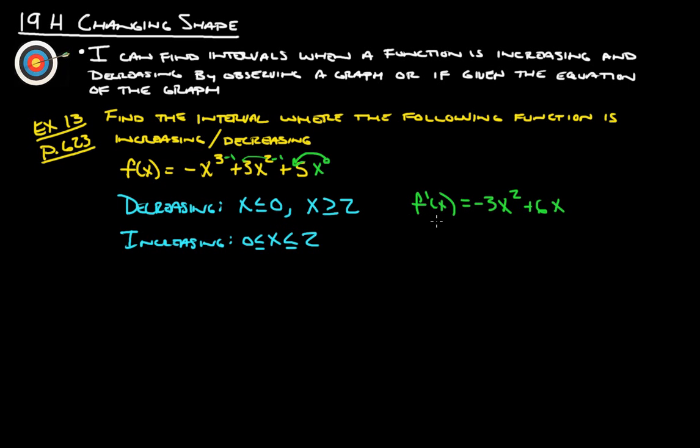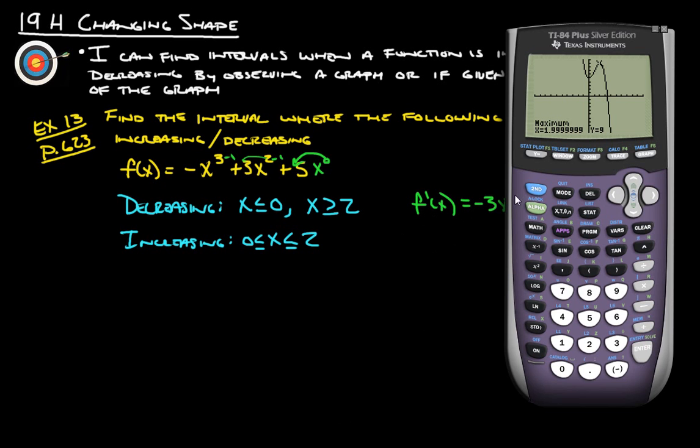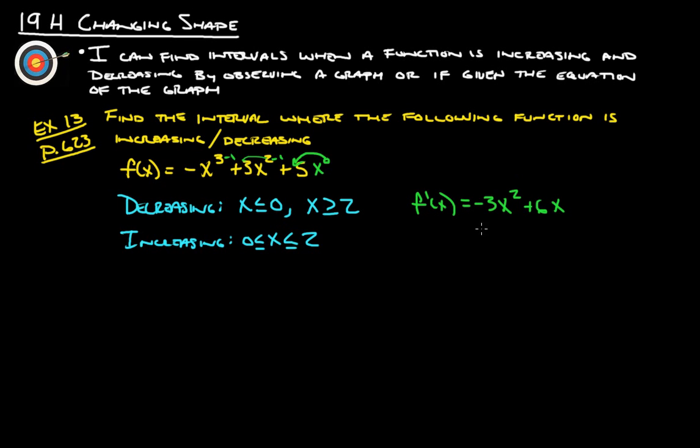So here's our derivative, and then all you want to do here is find when the derivative is 0, because that's when our tangent line is 0. So it'll give us this x value, and it'll give us that x value. So 0 equals negative 3x squared plus 6x. All I want to do here is factor.